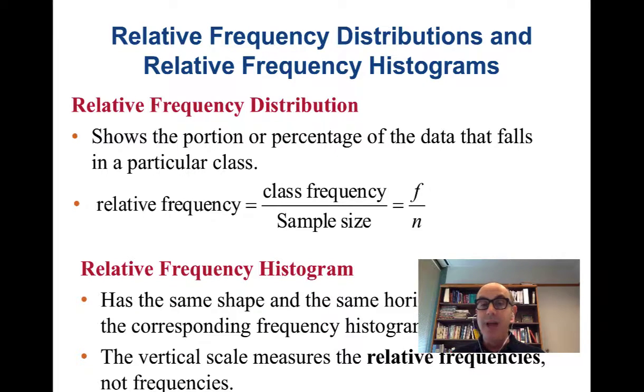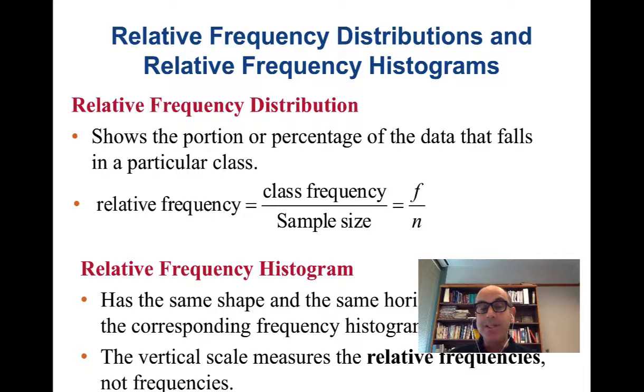Again, relative frequency distribution shows the proportion or percentage of the data that falls into a particular class. So we are talking about class frequency divided by the sample size, and the sample size can be the entire population. It doesn't really matter. In this case, this is how we do that.